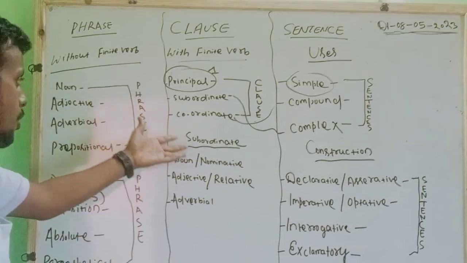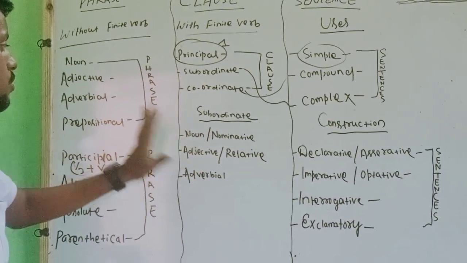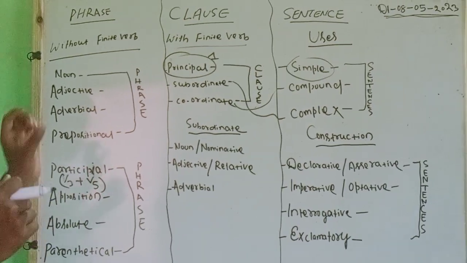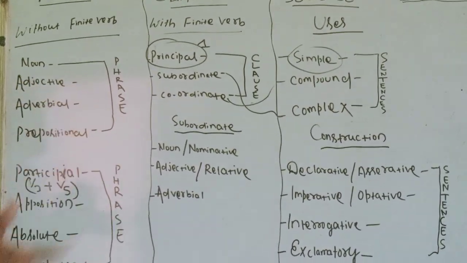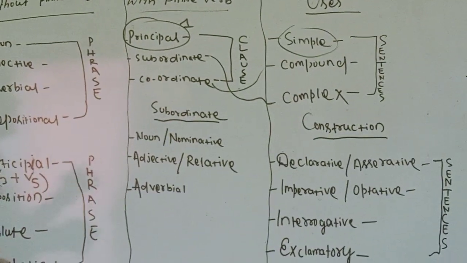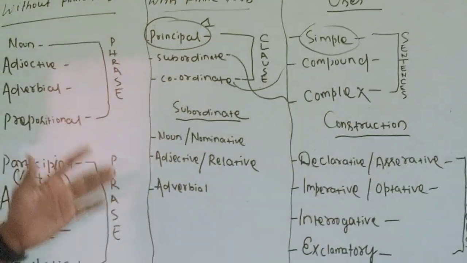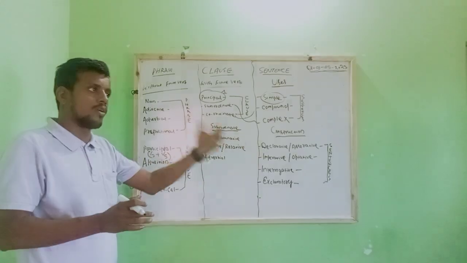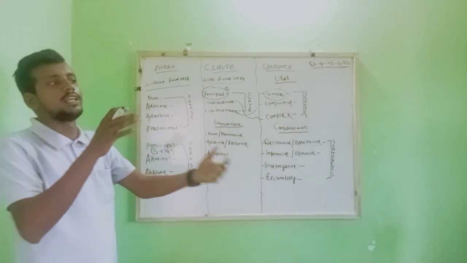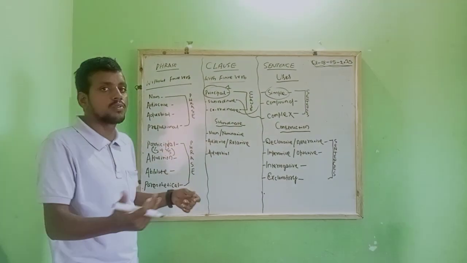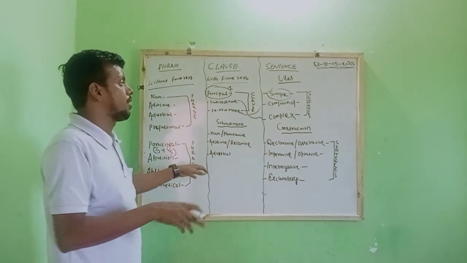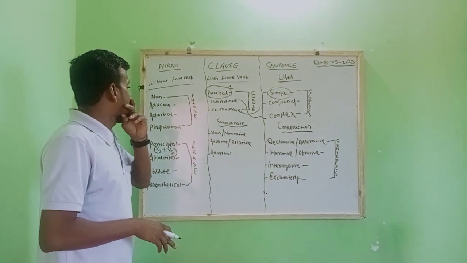And again, the subordinate format is divided into three parts: noun clause, adjective clause and adverb clause. They play the key role in grammar. They alternate their numbers, their positions, their suffix and prefix by adding the suffix and prefix. That's why they get changed from time to time in grammar.